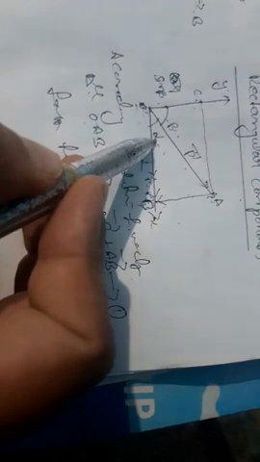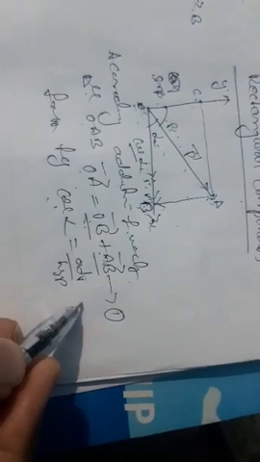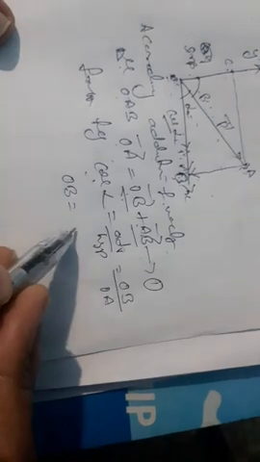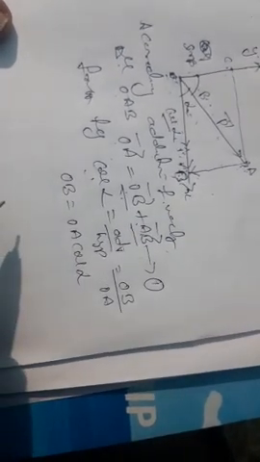This side is called opposite, adjacent, hypotenuse. The adjacent side is OB, and the hypotenuse side is OA. Cross multiply, that is OB is equal to OA cos alpha. That is the OB value.